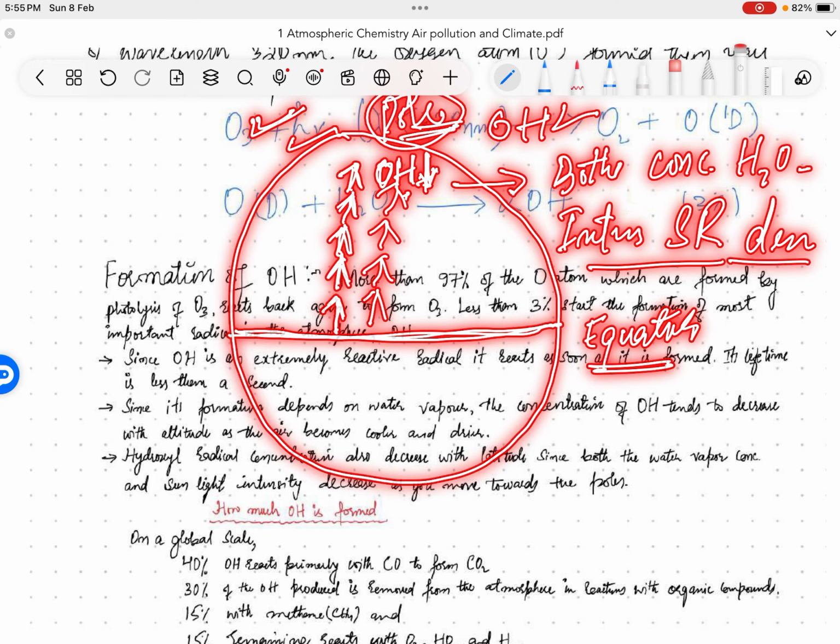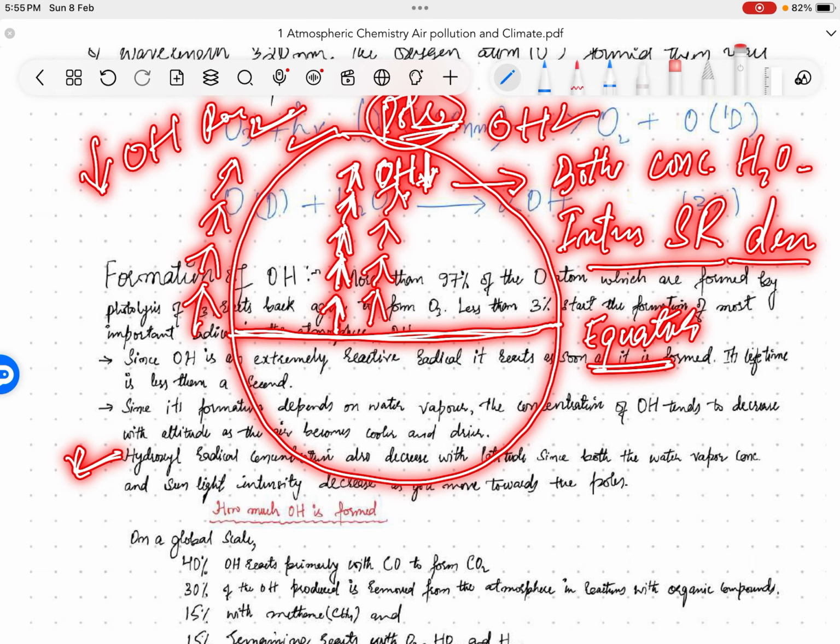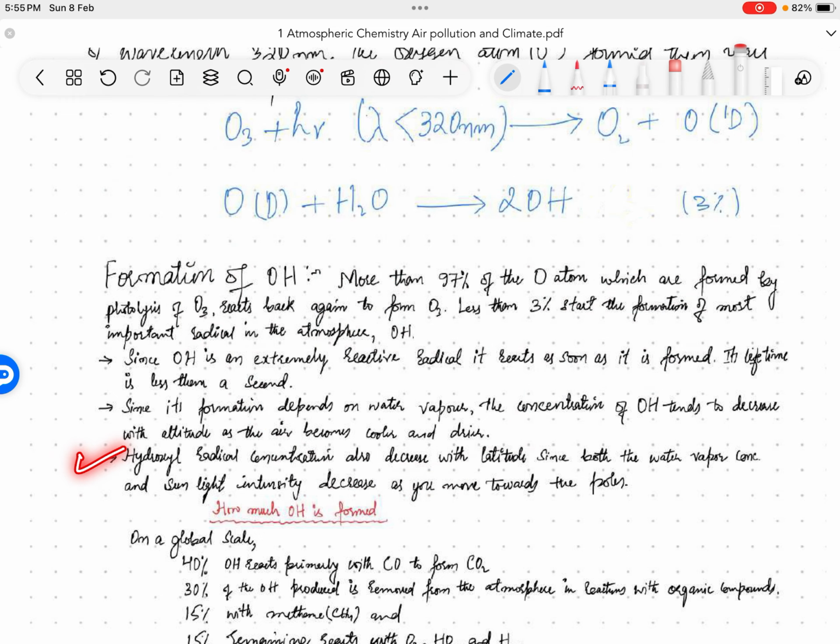So this is about the spatial distribution of OH radicals at the global scale.